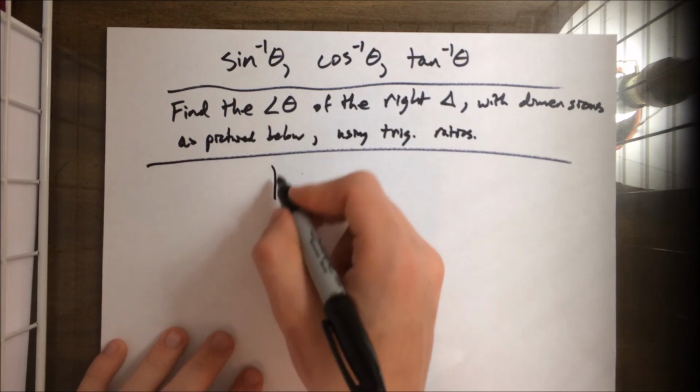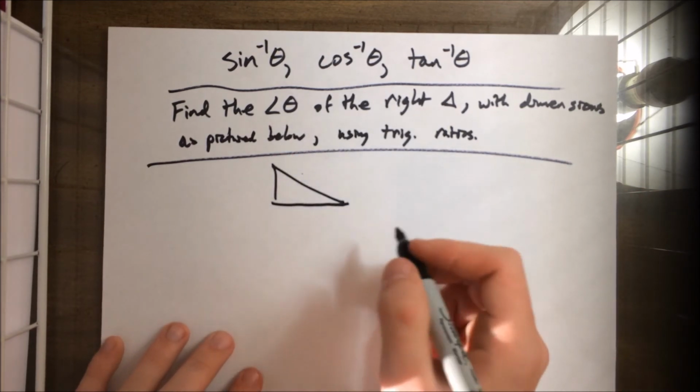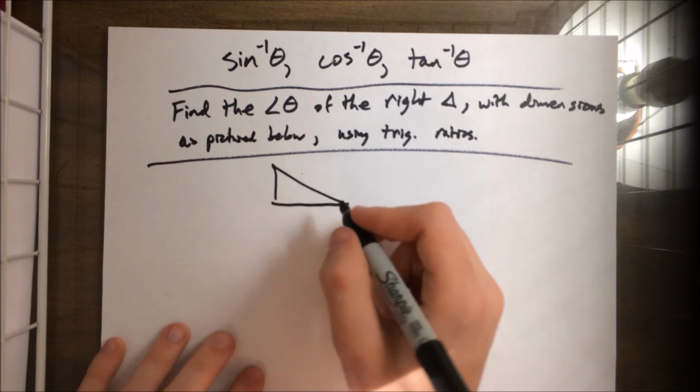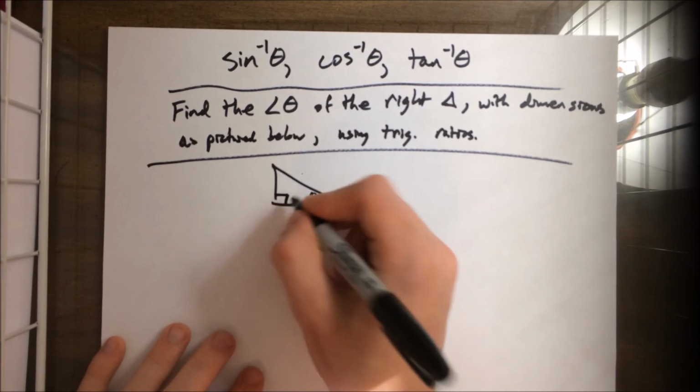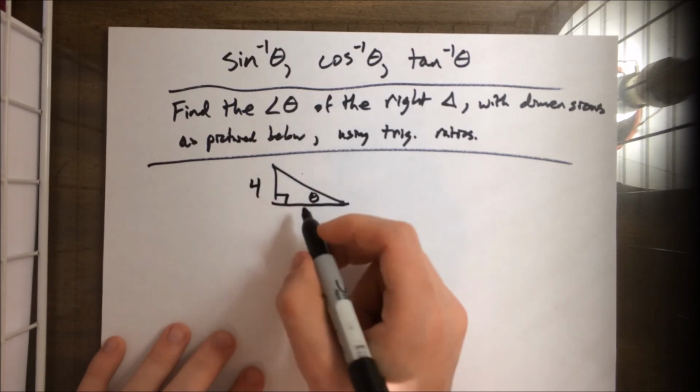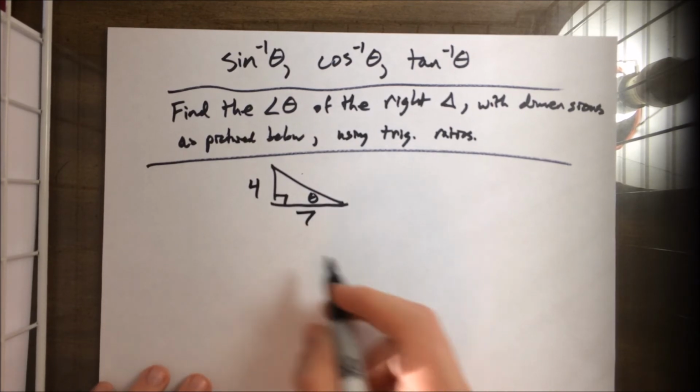Okay, so let's go ahead and draw the triangle. So that's going to be theta. We're going to set that side equal to 4 and this side equal to 7.